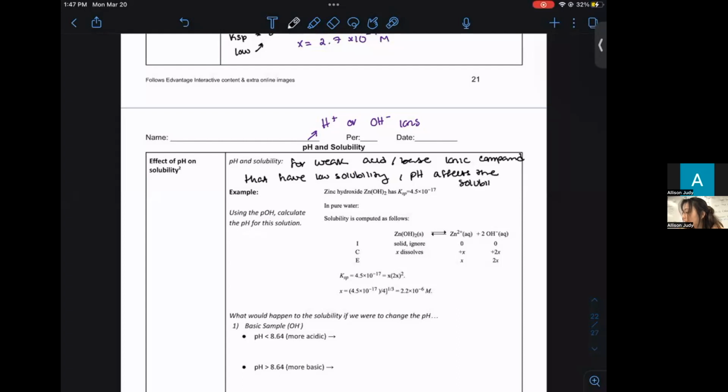For a strong acid or strong base, this is not so much the case at all. Okay, but the pH of your solvent will affect it.